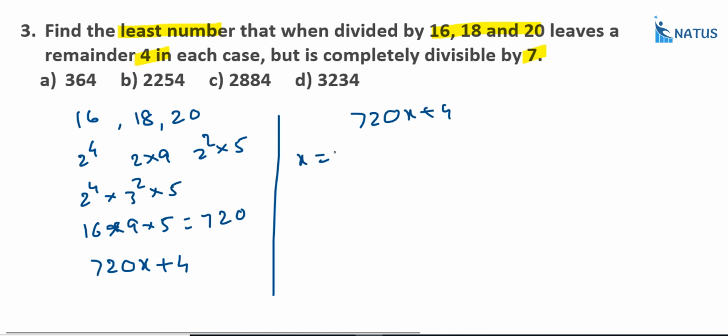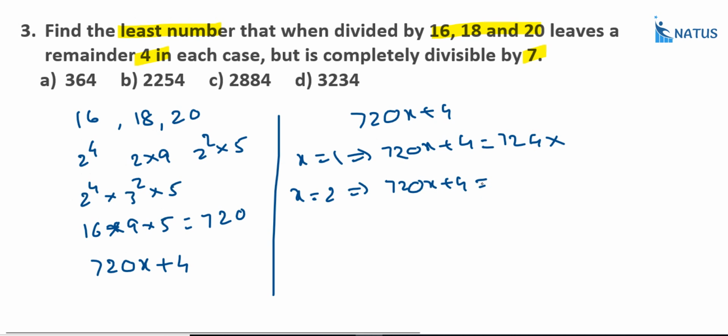Suppose x is equal to 1. Then 720x plus 4 is equal to 724, which is not exactly divisible by 7. If x equal to 2, then 720x plus 4 is equal to 1444, not exactly divisible by 7.